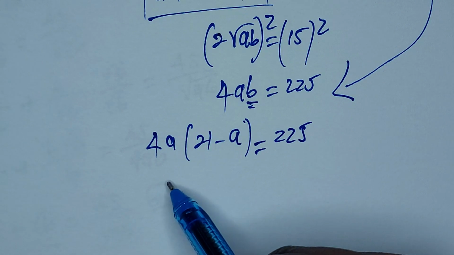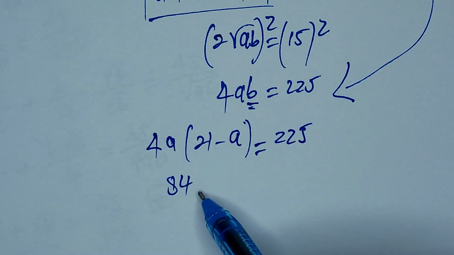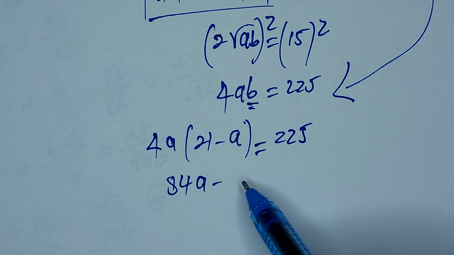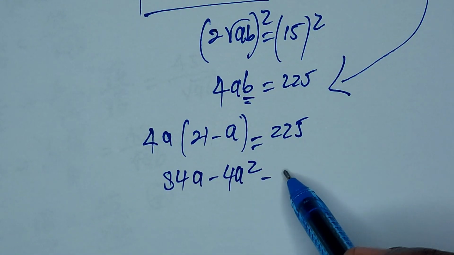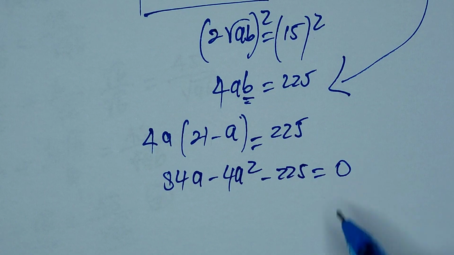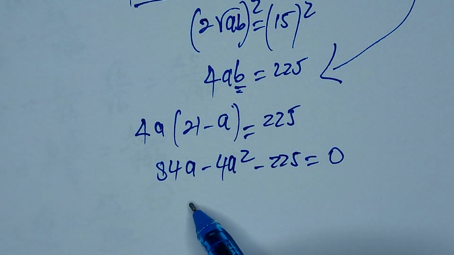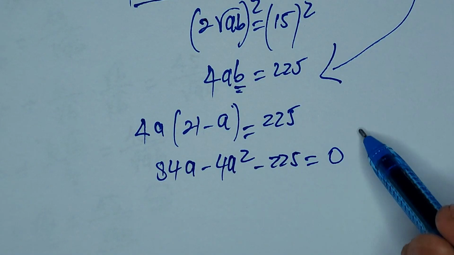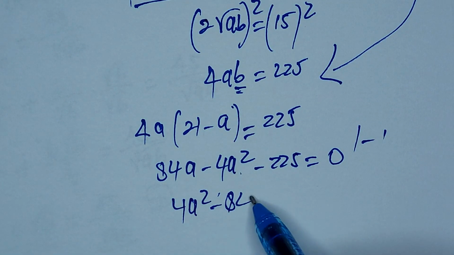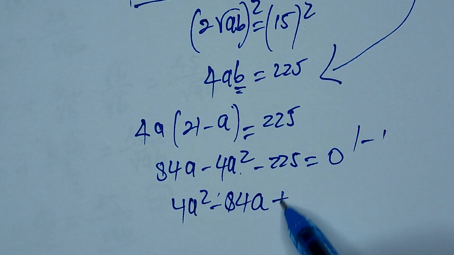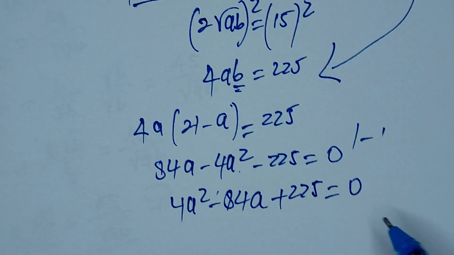And this is going to be 84A minus 4A squared, okay? And I'm going to bring this to this side, 225, and this is going to be 0. So I'm going to multiply all by minus 1. I'm going to have 4A squared minus 84A plus 225 equals 0.